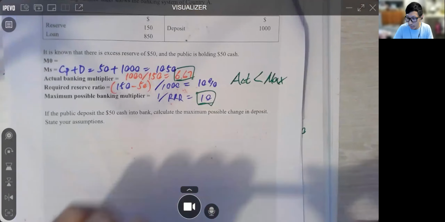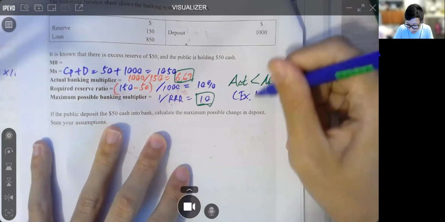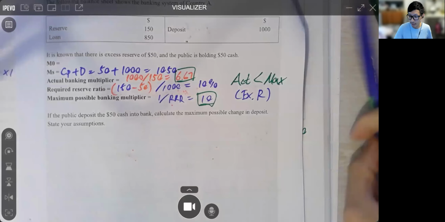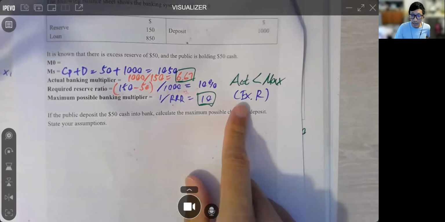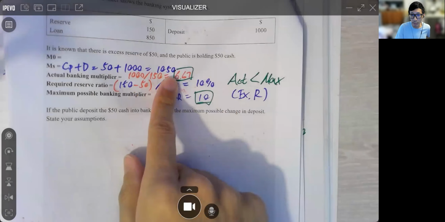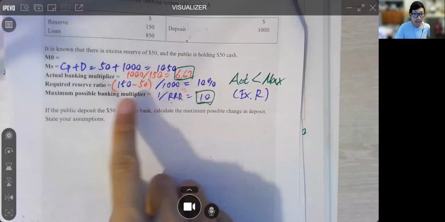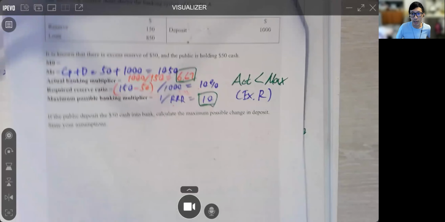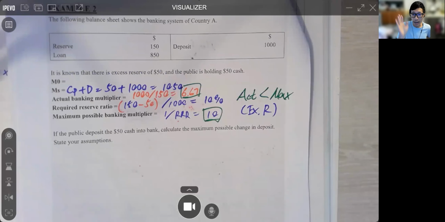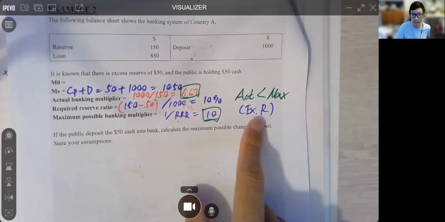Namely, 今次衰咗邊個啊？ We have excess reserve. Because this time we have excess reserve, that's why the actual multiplier is not as good as the maximum possible multiplier. 做唔到咁多 credit creation 啊，OK? They can't do that much credit creation because someone is holding excess reserve.